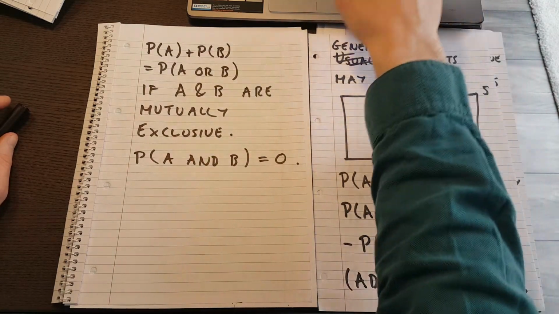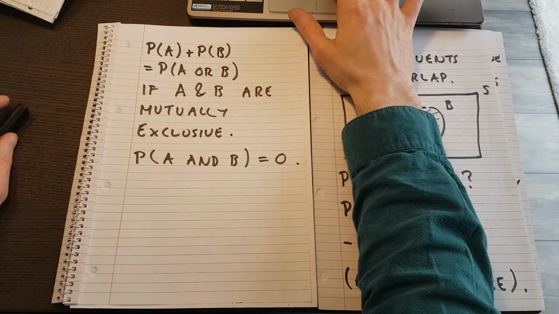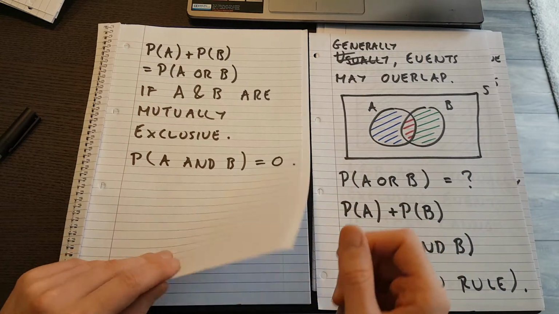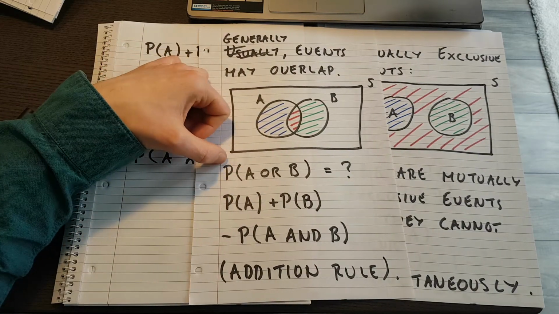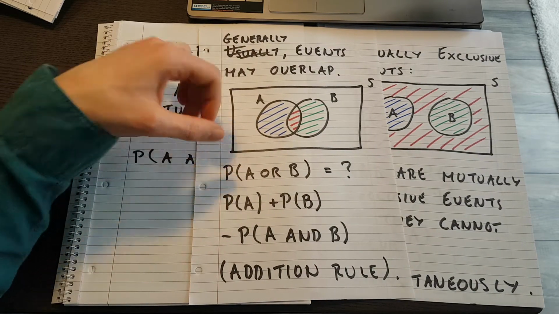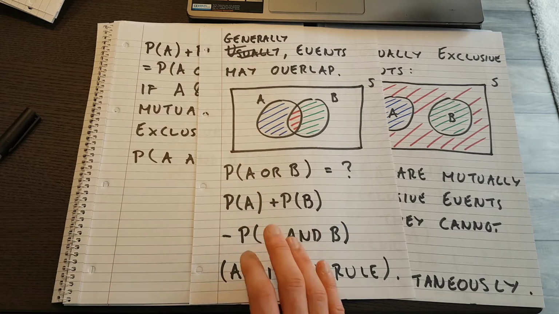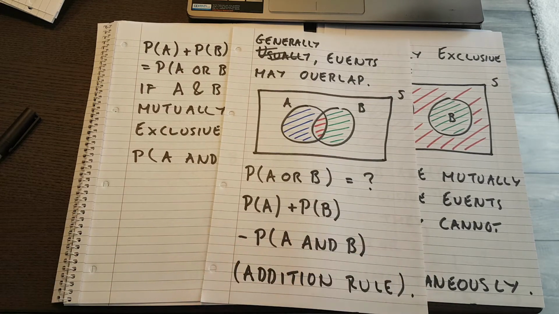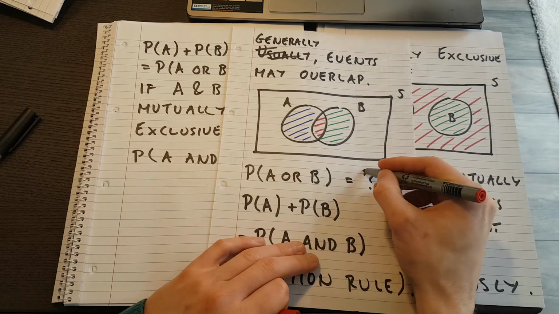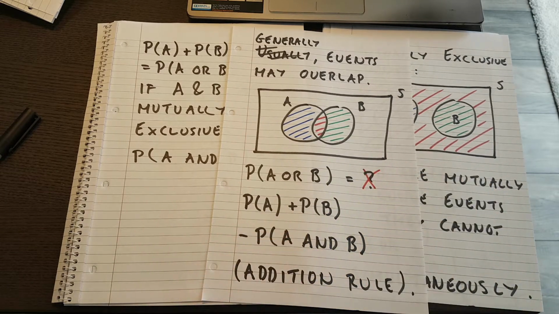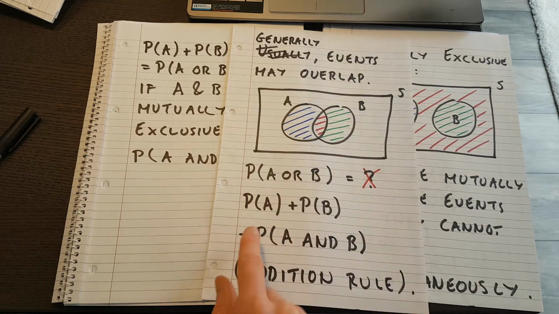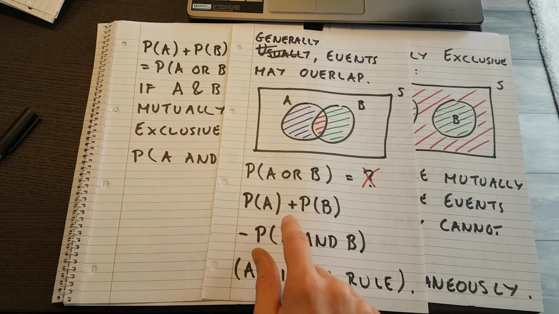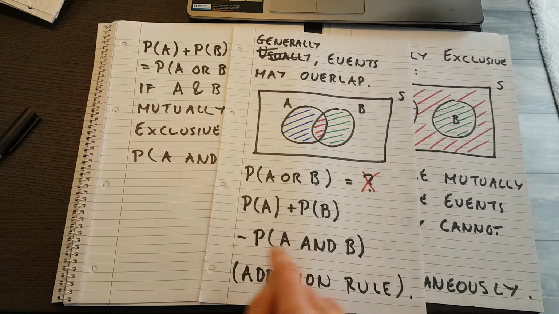We'll give an example of that in a little while, but there's one more thing. I talked about how to find the probability of A or B. So we've worked that out. Now we can get rid of that question mark. Now we know the answer. The probability of A happening or B happening is the probability that A happens plus the probability that B happens minus the probability that they happen together.